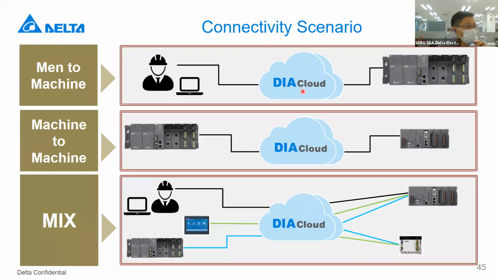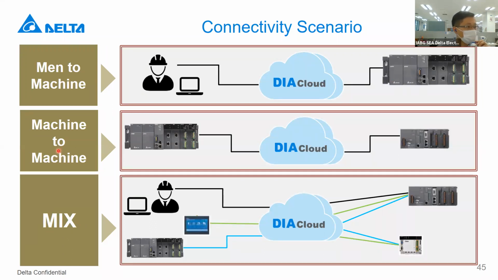In this situation, with this connection, you can easily link with the remote device via the cloud. No matter where the PLC is, you can link with the PLC just as usual, like with a cable. So this is the first connection.